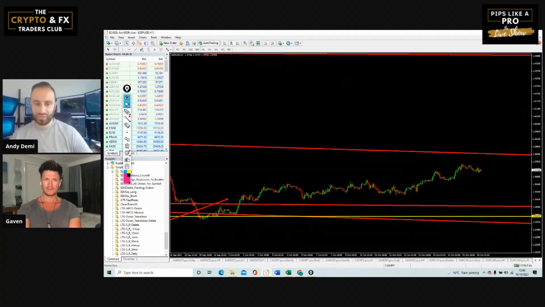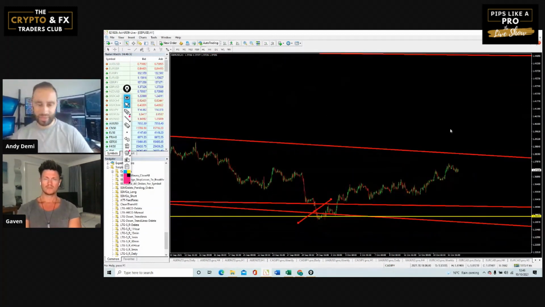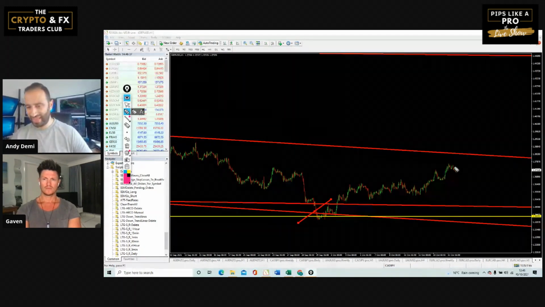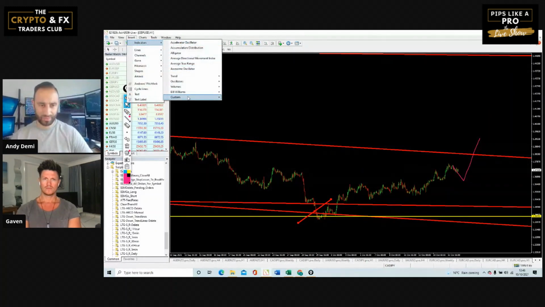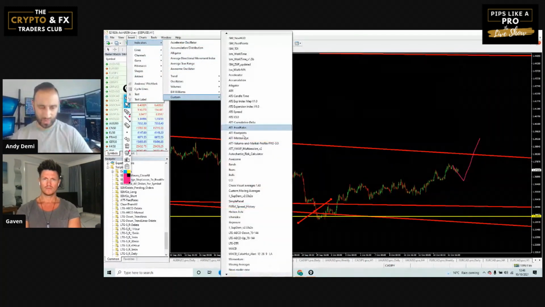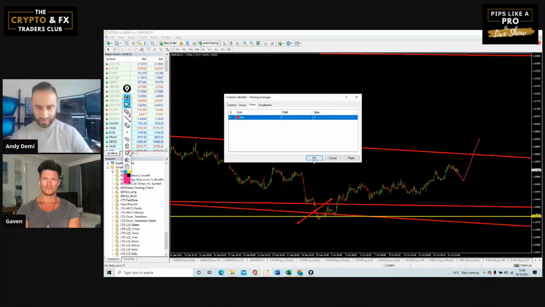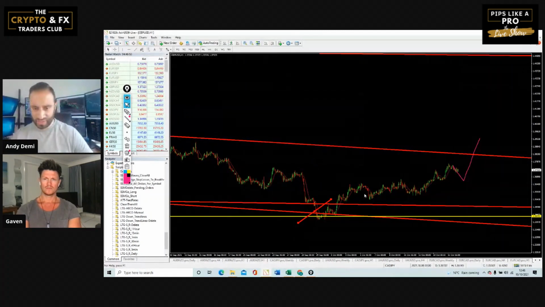One thing you can do to prepare as well, when you're looking at the hourly time frame, if you prefer to catch the swings here, like on the lower time frames, is add in your moving averages on this time frame. So let's just add in one as an example.